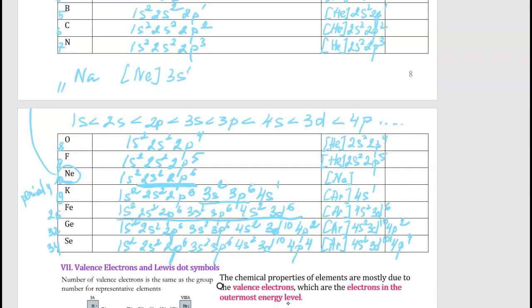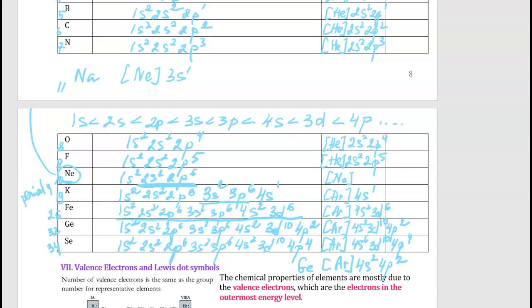So we can write like this for element number 32. It can be argon, and then 4s2 and 4p2, and that's all. So sometimes, or very often, you don't need to write down the 3d subshell if it is finished. Okay.